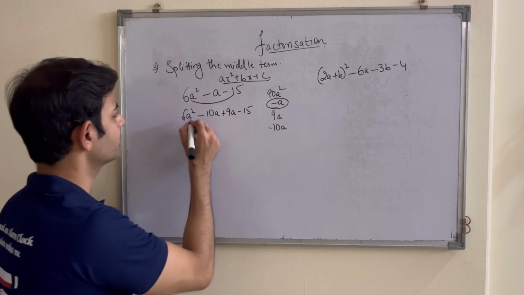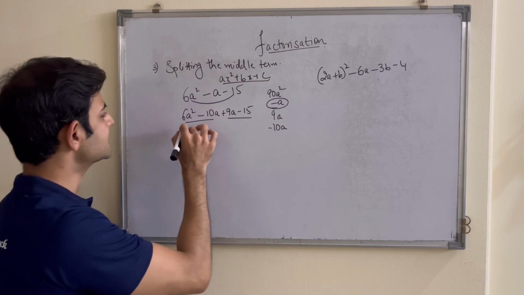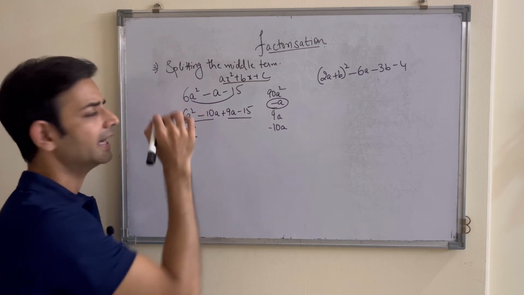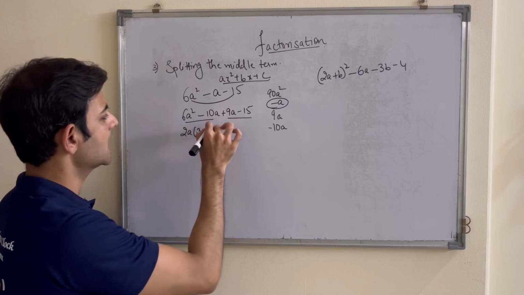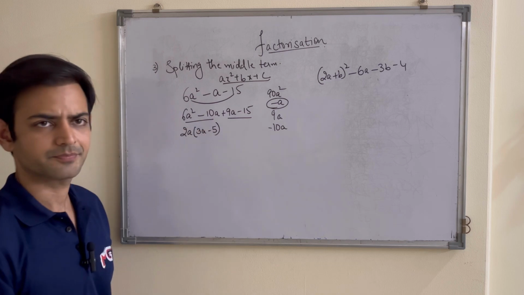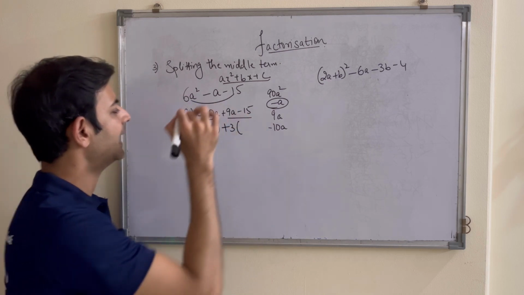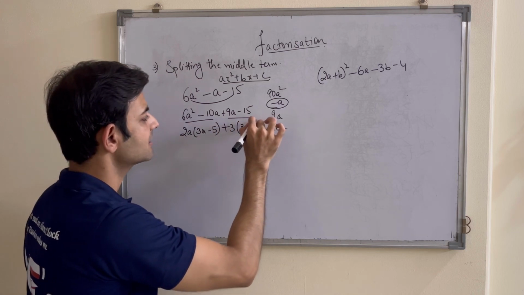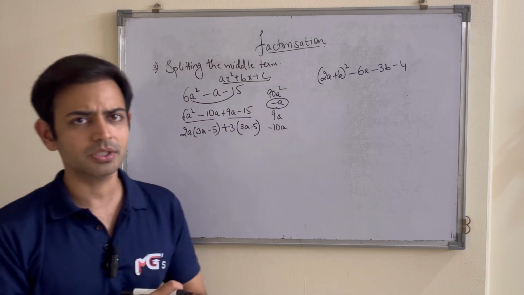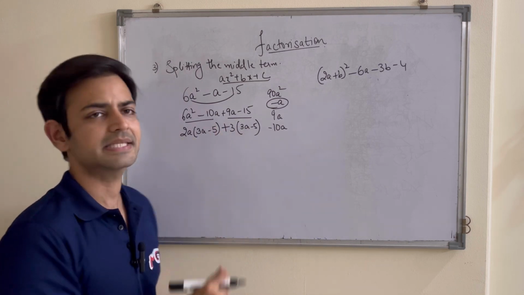From these two, now we are supposed to group them like this. From the first two, I can take 2a common, and I am left with 3a minus 5. Similarly, from these two, I can take 3 common, and I am again left with 3a minus 5. Now, the identification that we are going in the right direction is if we get these two brackets same.